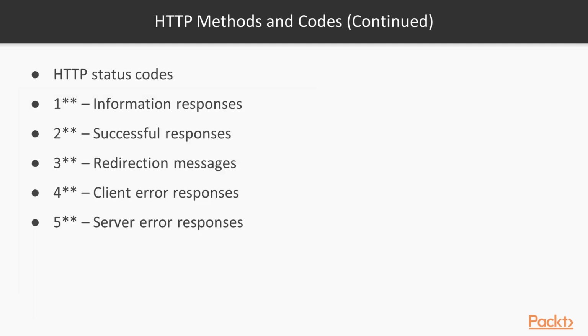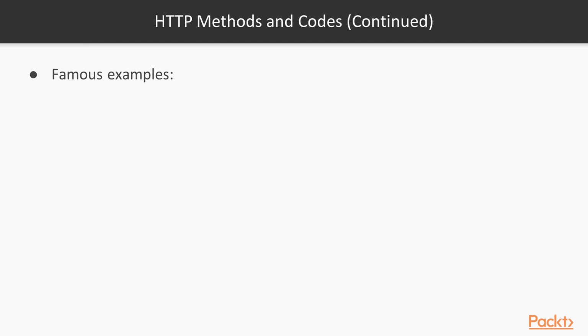So these are the status codes. They are all 3-digit numbers, and the ones that start with 1 are informational responses, the ones that start with 2 are successful responses, the ones that start with 3 are redirection messages, the ones that start with 4 are client error responses, and the ones that start with 5 are server error responses.